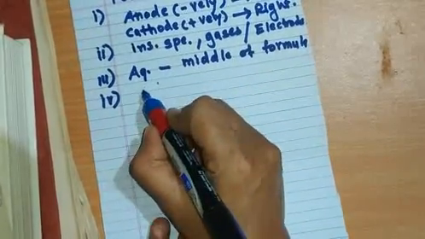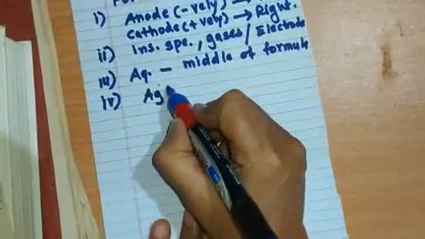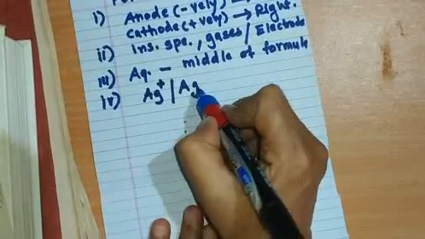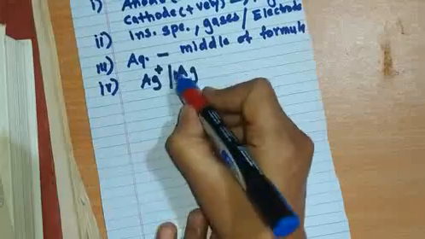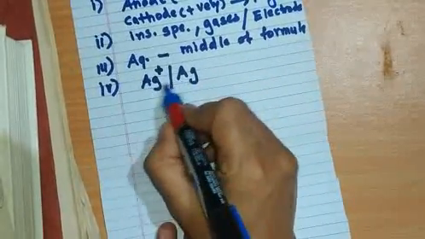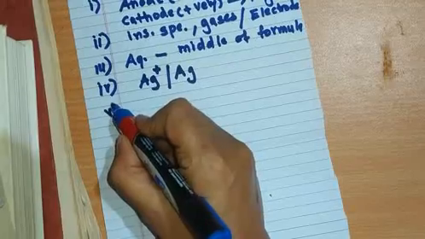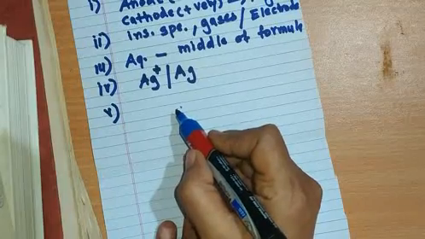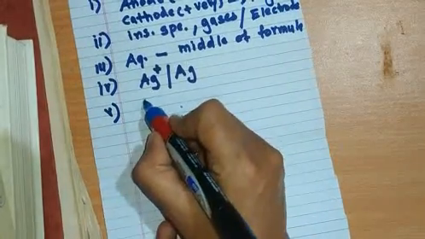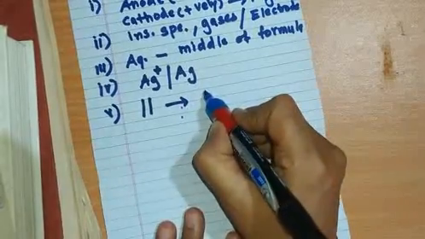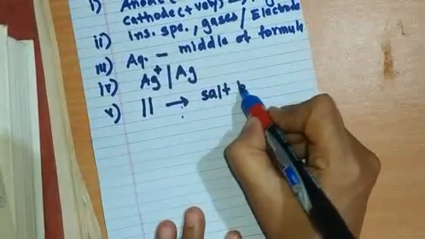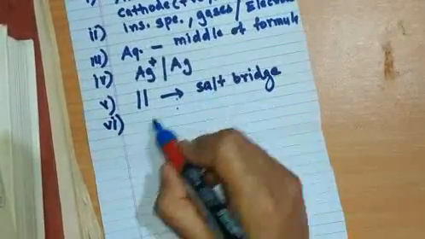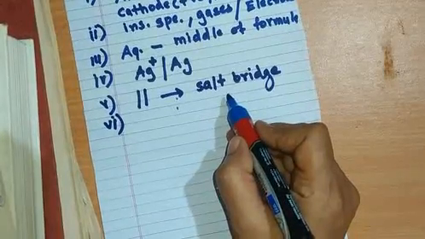It shows direct contact, here the solution in which the direct contact electrode is Ag. Like this, a single vertical line shows direct contact between electrode and solution. The next rule is the double vertical line, which indicates the salt bridge, and it is placed exactly in the middle of the cell formula.